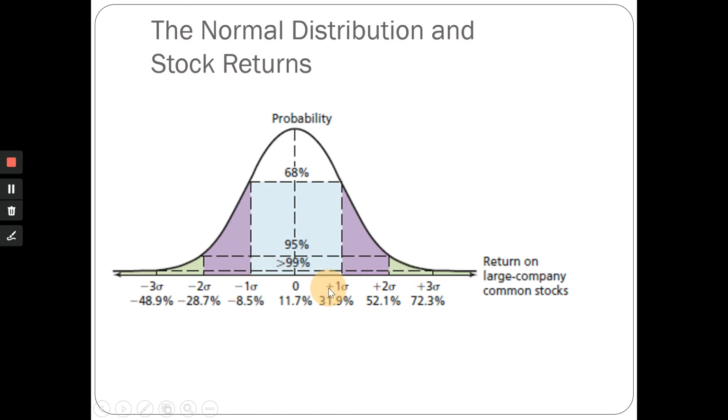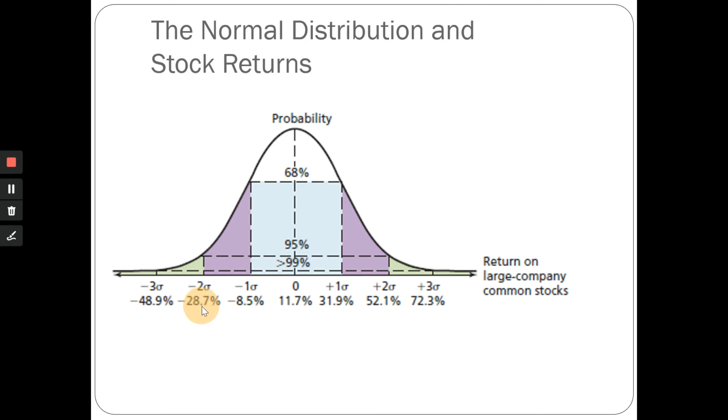The two standard deviation range is 52.1 on the right and minus 28.7 on the left. It means we multiplied the standard deviation 20.2 by 2 and got 40.4. We added that to 11.7 and went to 52.1. We subtracted 40.4 from 11.7 and came to minus 28.7.